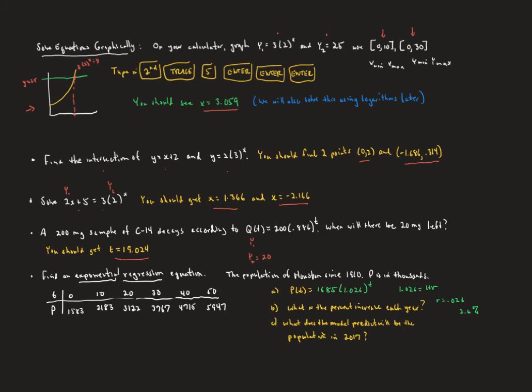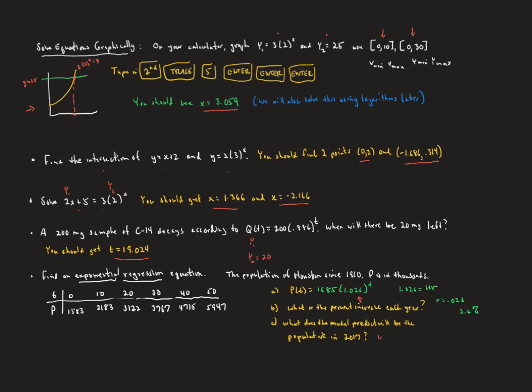When you make that into a percent, it's telling us that the population of Houston is increasing by 2.6% per year. Now, part C, this is the part that a lot of us did not do well on the last test. It's saying, what does the model predict will be the population of Houston in 2017? Since time 0 is 1960, 2017 will be 57 years later. Now remember, you don't want to use your rounded values that you have here.